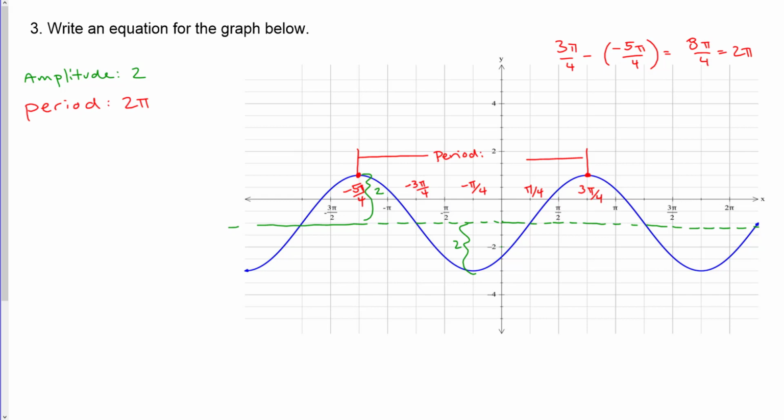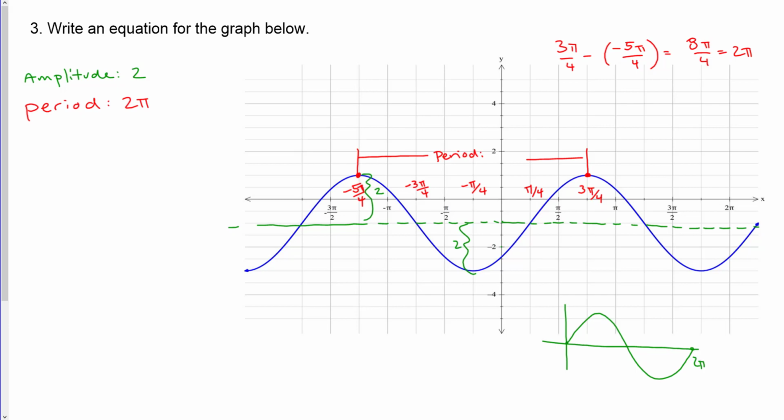Now, other things about this graph. I need to determine things like phase shift, and also I need to decide if this is going to be the graph of sine or the graph of cosine. So if I choose the graph of sine, then what I have to recall is for the graph of sine, it's normally starting at 0, going up, then back down, and then by 2π, coming back.